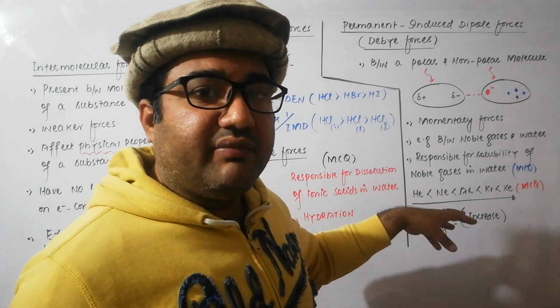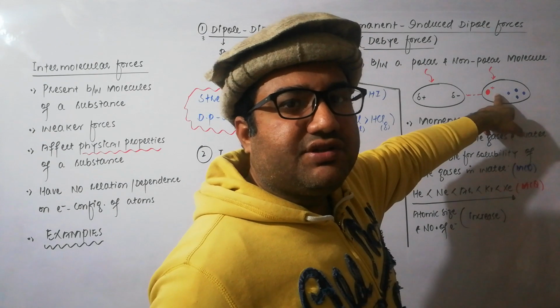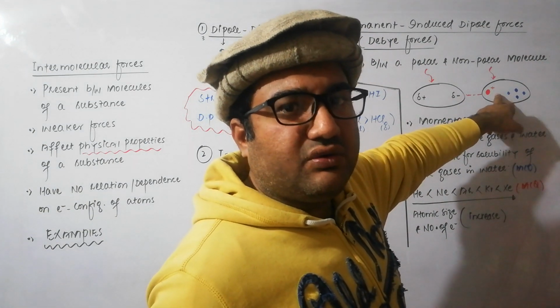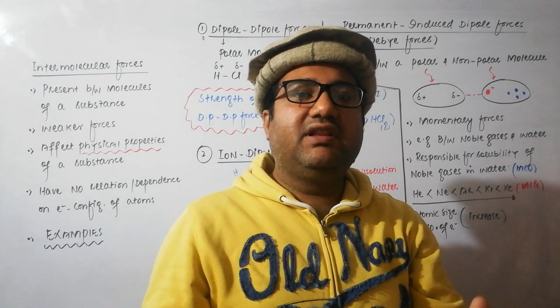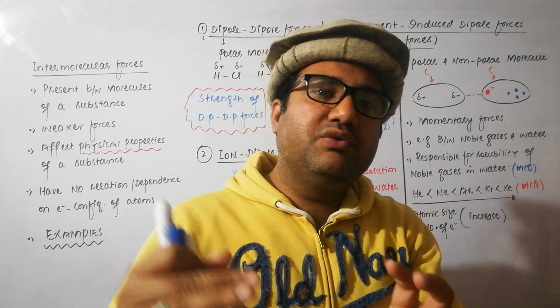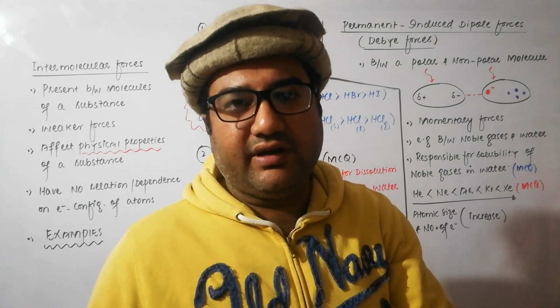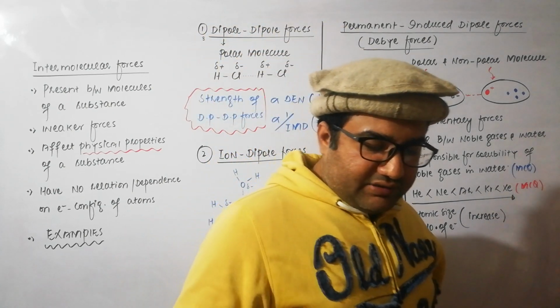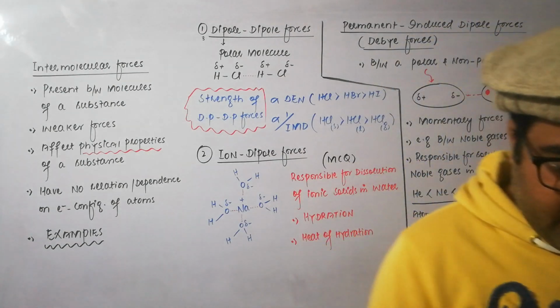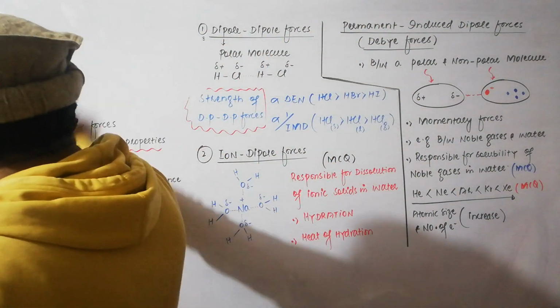And the greater the atomic size and number of electrons, the easier is the creation of induced polarity. So a large atom with a greater number of electrons can be converted into an induced dipole easily as compared to a small atom having low electron density. So these are the Debye forces. Now let us move towards the last part of the intermolecular forces.